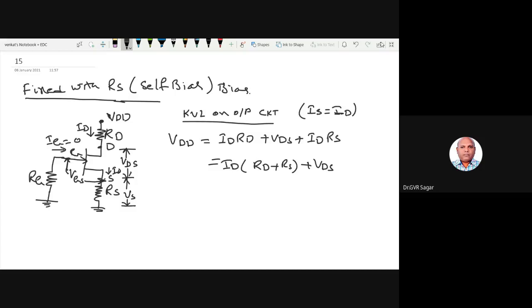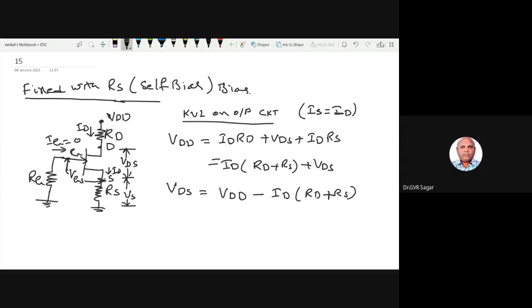What I have to extract here is VDS. So VDS is equal to VDD minus ID into RD plus RS. So finally we are extracting the drain to source voltage VDS.